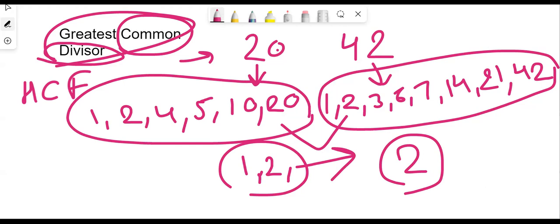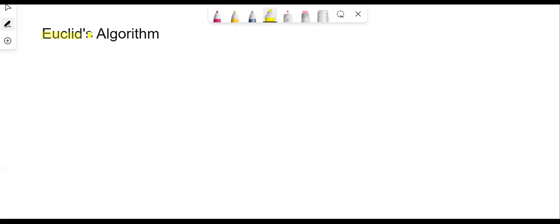Now, what is Euclid's algorithm and how does it make it easy to find this particular thing? What does Euclid's algorithm say? Let us understand it.